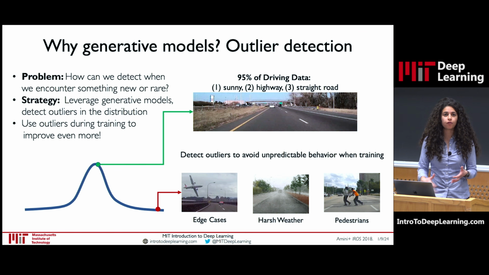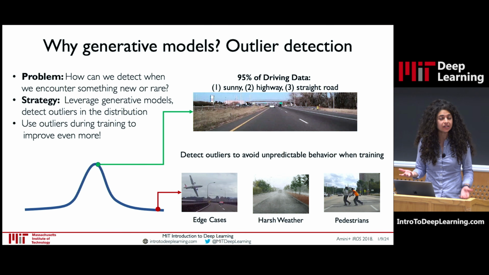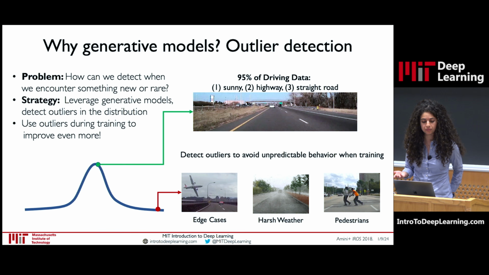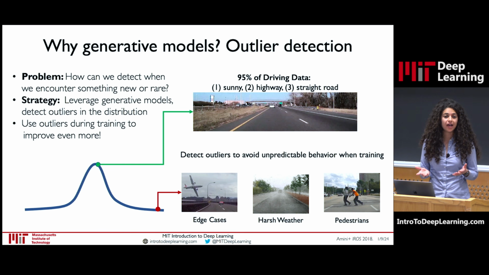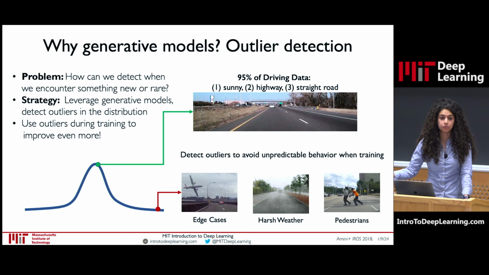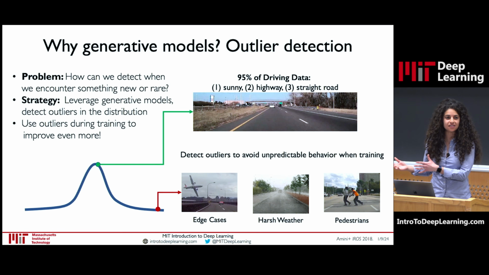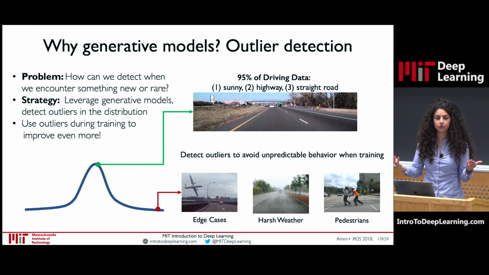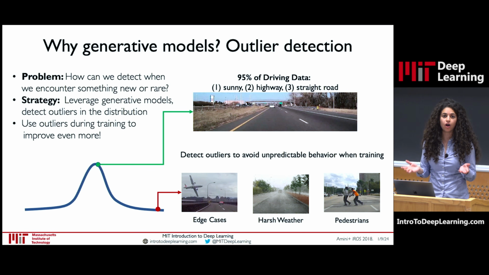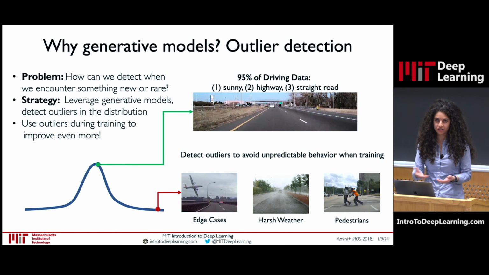Another use case for using these probability distributions and learned generative models is in the context of outlier detection. Oftentimes we have settings where we want to really be able to preemptively find failure modes. So in the self-driving car example that Alexander previously introduced, there are going to be some instances that could occur on the road that are very, very rare but are really critical. Let's say a person walks in front of the car or an animal crosses the road.